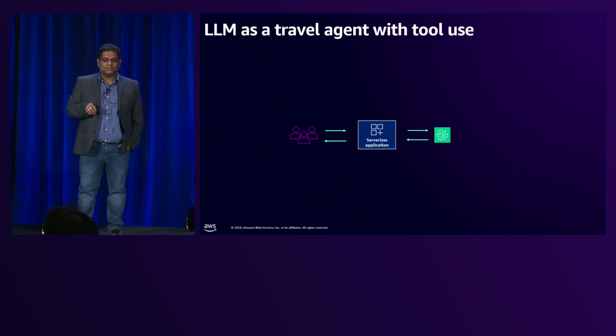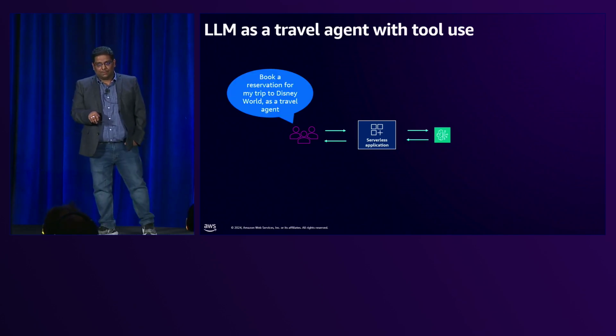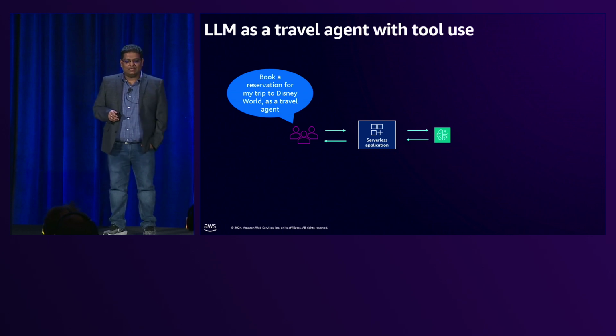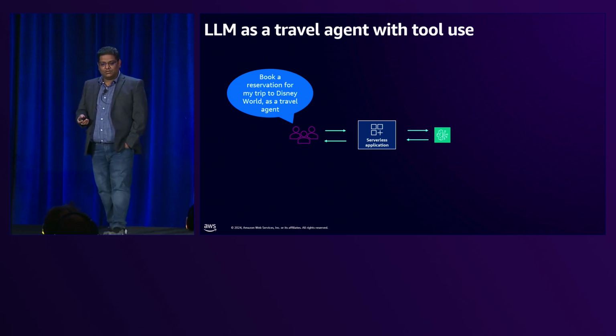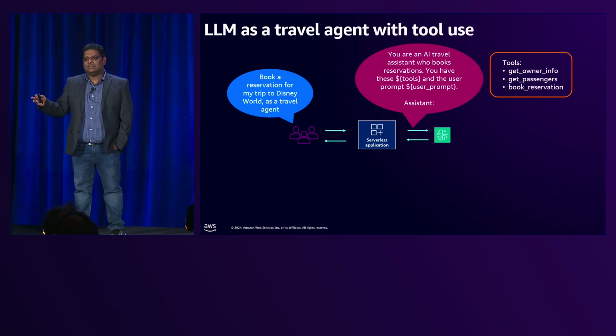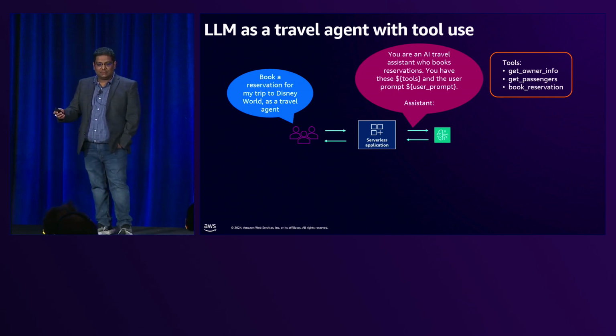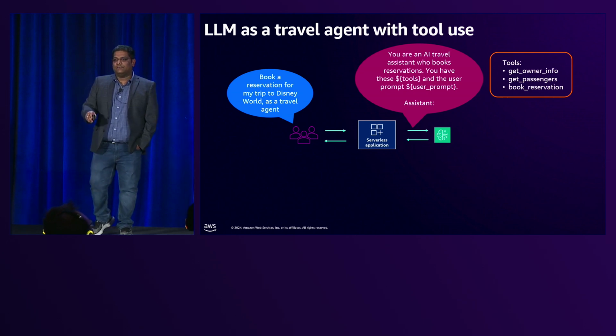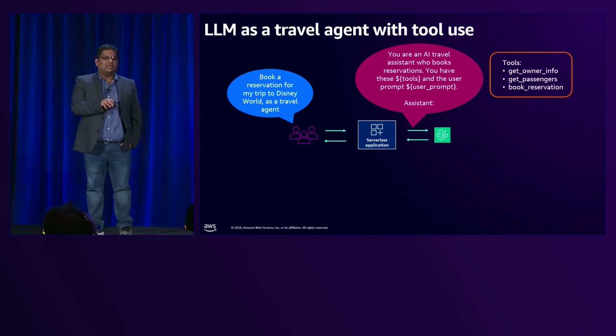step functions that we have showcased. So the same question, in this case, when the question is asked, like to book a reservation, the serverless application will send this system prompt saying that you are an AI agent or AI travel assistant, and you have to book some reservations, and these are the tools at your disposal that you can use.